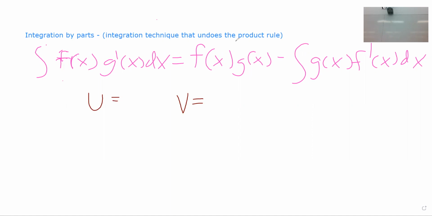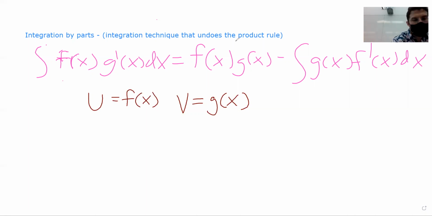Everything good so far? It really doesn't matter which one you take because it's a symmetric problem. u equals f of x and v equals g. Remember way back in the beginning, looking at the product of f and g, those are the substitutions we're making. One's for f, one for g. Everything good there so far?